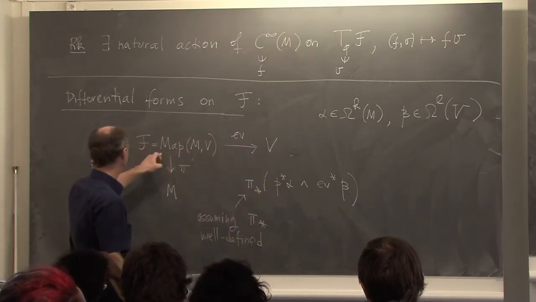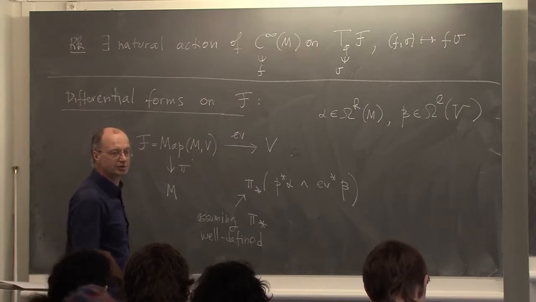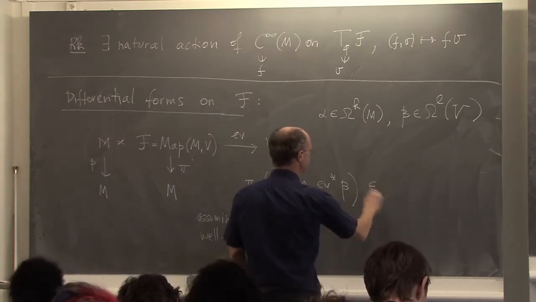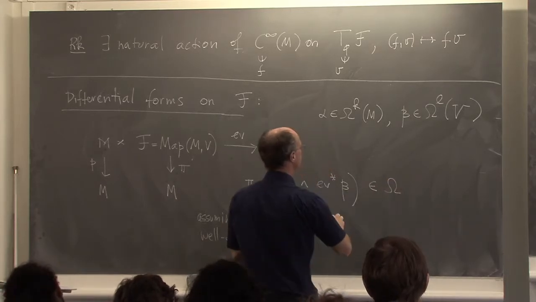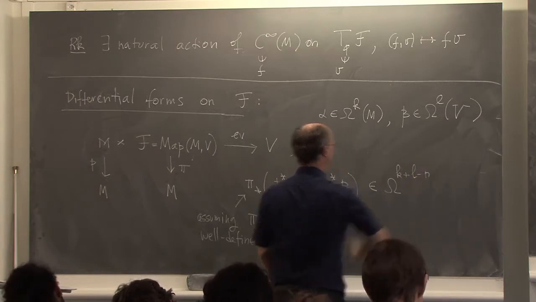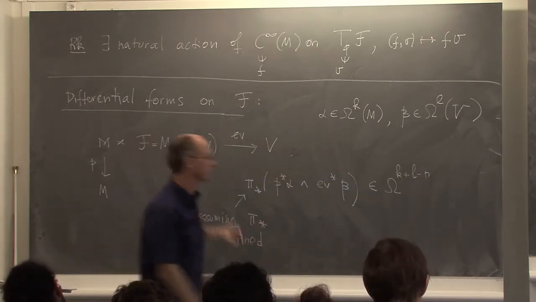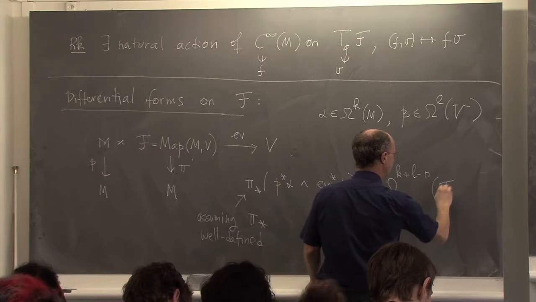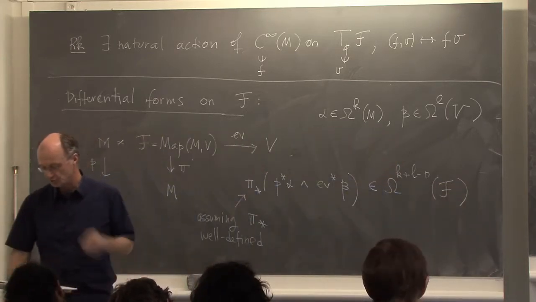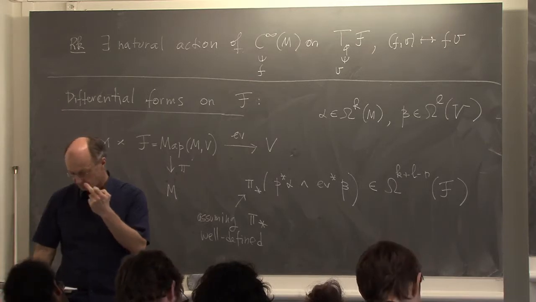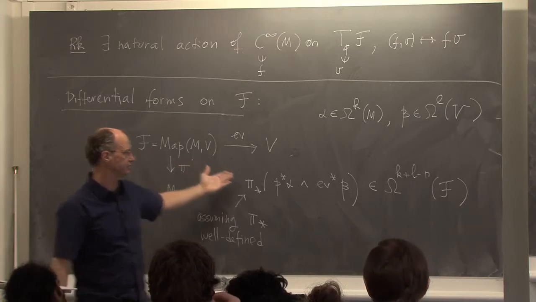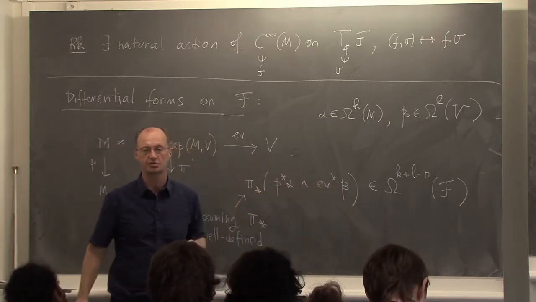So this is a direct product, and you're taking a fiber integral over M. So this will be a differential form of degree k plus L minus n, where n is a dimension of M on the space of fields. So this is one of the constructions how people build differential forms on the space of fields.